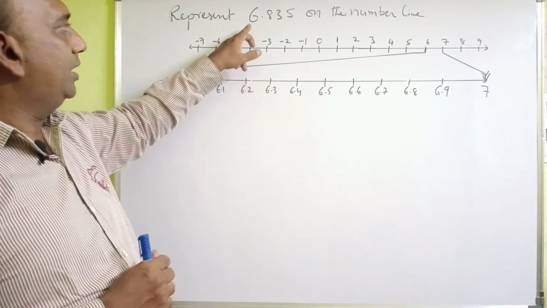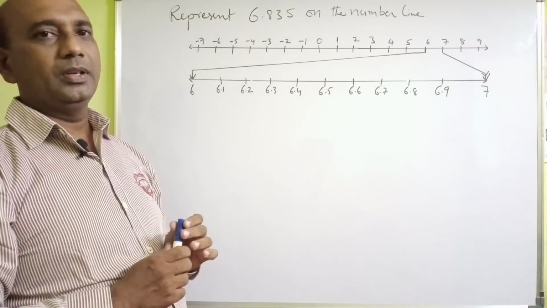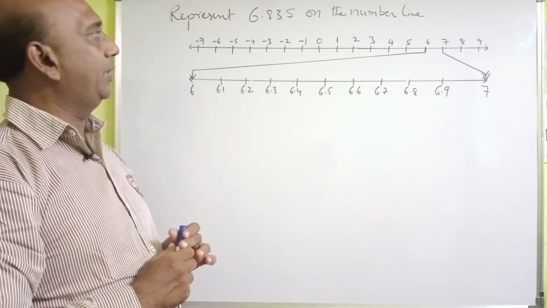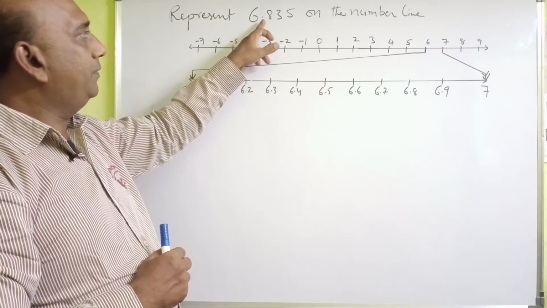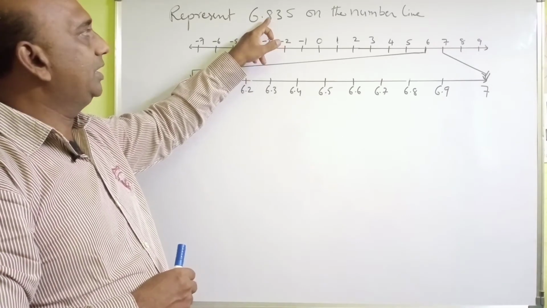Okay, here the given terminating decimal is 6.835. Now, after the decimal point, let us see the first digit, that is 8.